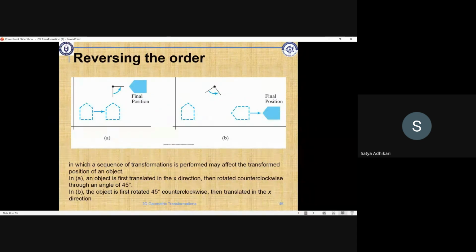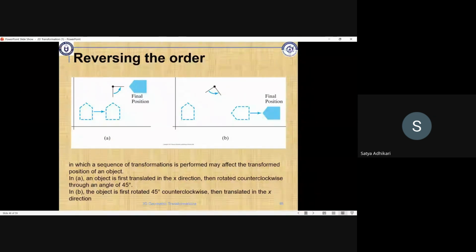If you first perform translation 1 followed by translation 2, it gives the same result if the order is changed. You first perform translation 2, then translation 1. You see here, this is reversing the order.